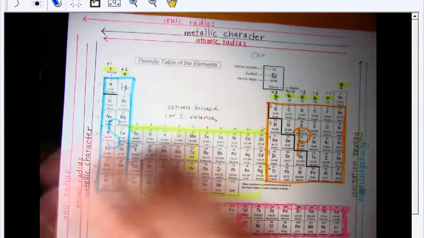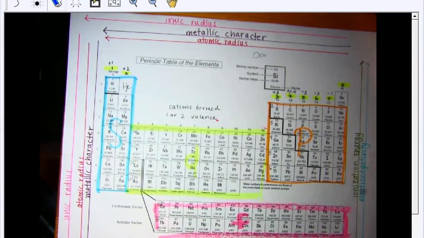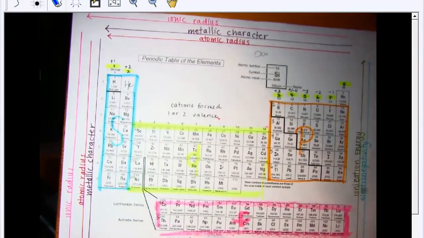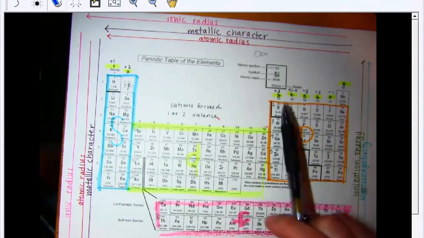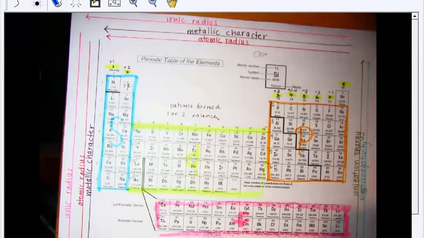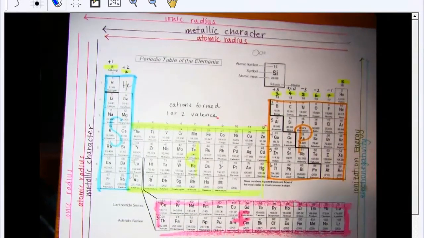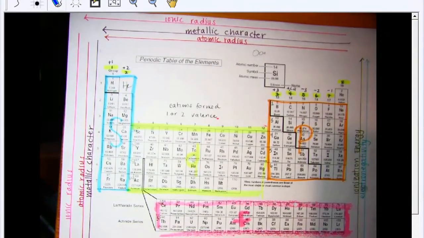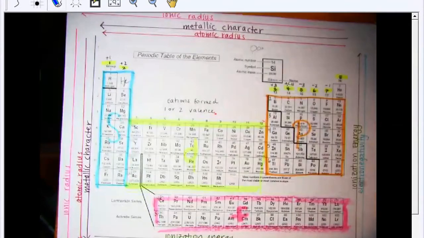We also said the transition elements tend to have 1 or 2 valence electrons. Okay? So you should have labeled that on your periodic table already. 1 valence electron, 2 valence electrons, 3, 4, 5, 6, 7, 8. It should have been labeled already. Those are the numbers that are highlighted. Okay, so remember, we're trying to gain 8 electrons.